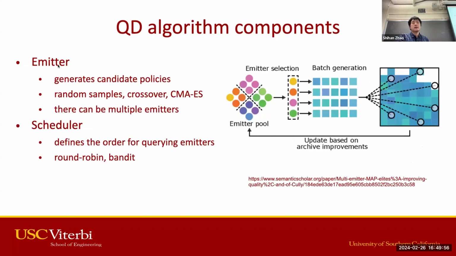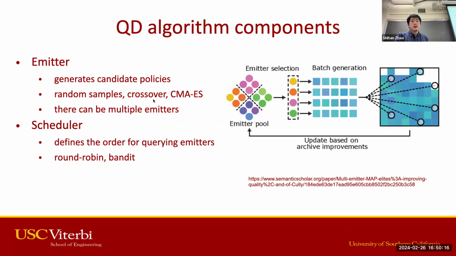The second component is the emitter. This is what we use to generate the candidate policies that we want to evaluate and potentially add to the archive. In the simplest sense, this can just be a random sampler. We can just sample within the parameter space and get a policy, and then we evaluate that and possibly add it to the archive. But of course, there can be more complicated emitters.